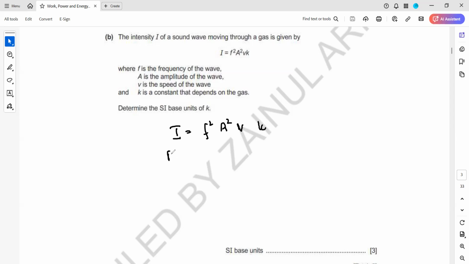What is intensity? Intensity is power acting on unit area. What about the unit of the power? Power itself, we just wrote the base unit previously. It was kilogram meter square second raised to power minus 3.